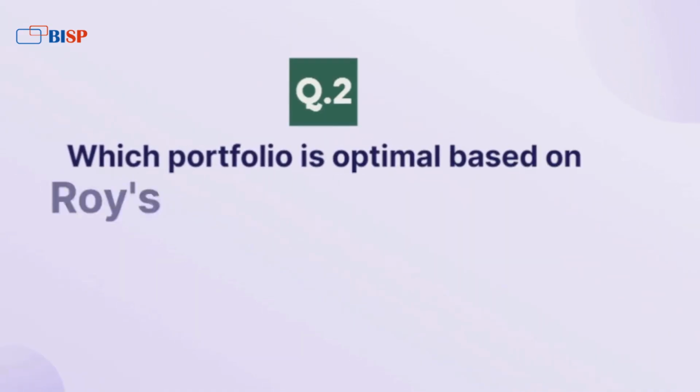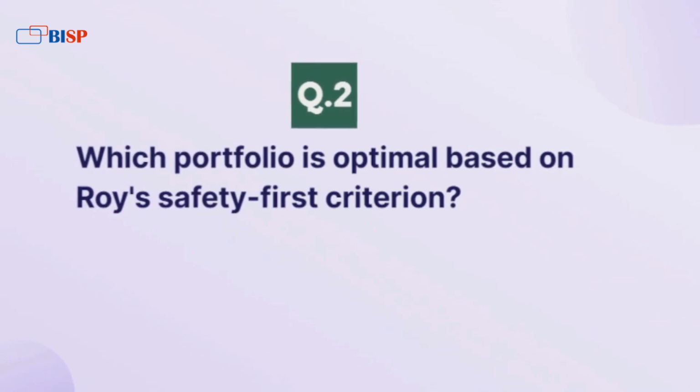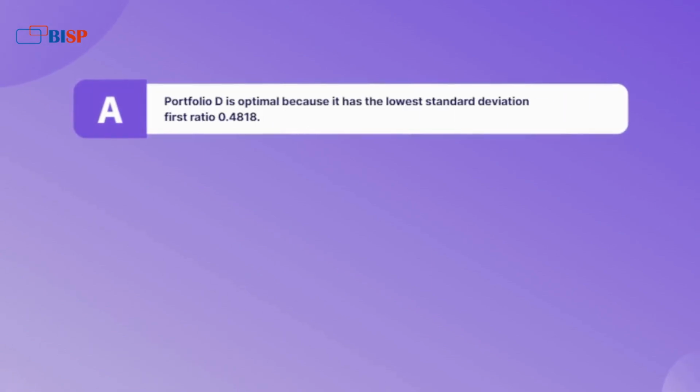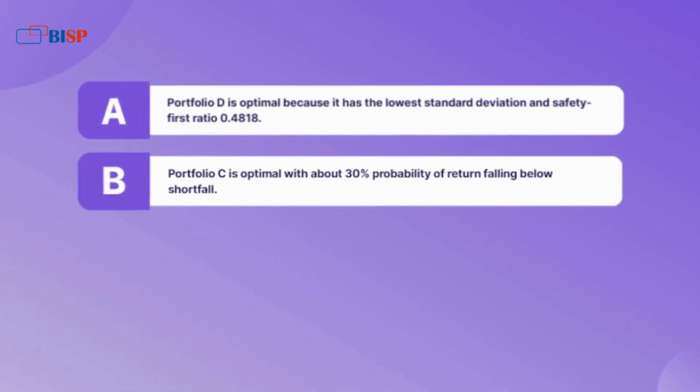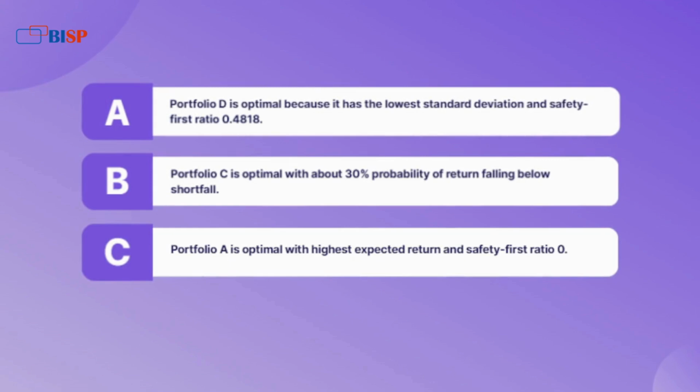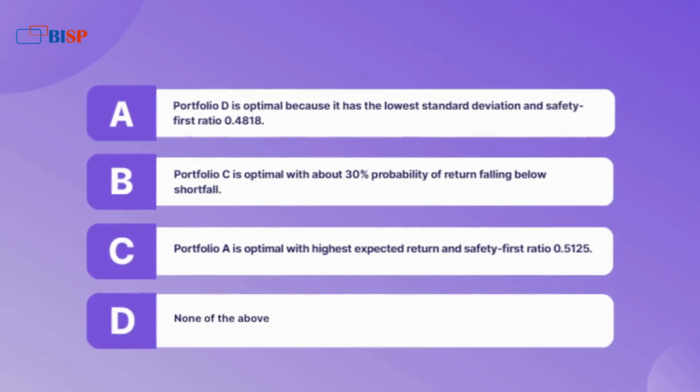Which portfolio is optimal based on Roy's safety-first criterion? A. Portfolio D is optimal because it has the lowest standard deviation and safety-first ratio 0.4818. B. Portfolio C is optimal with about 30% probability of return falling below shortfall.